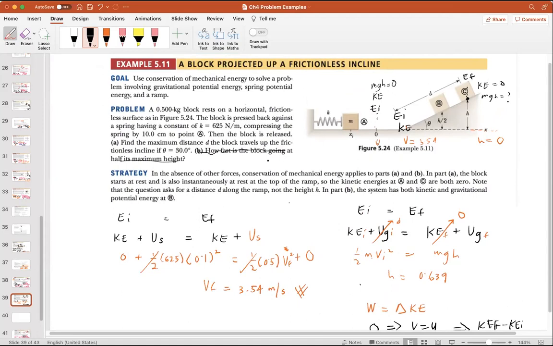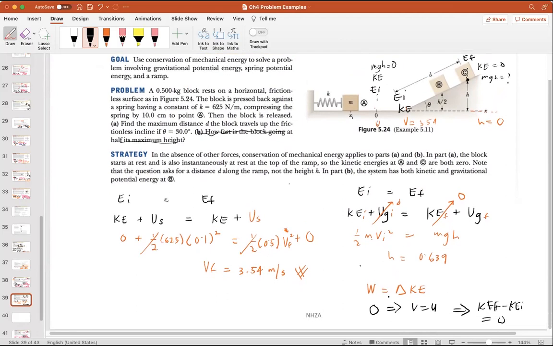How fast is the block going at half its maximum height? How fast? So let's see jawapan kita betul tak tadi. Ini jawapan kita apa? Height is 0.639. D, I tak kira. I didn't calculate.